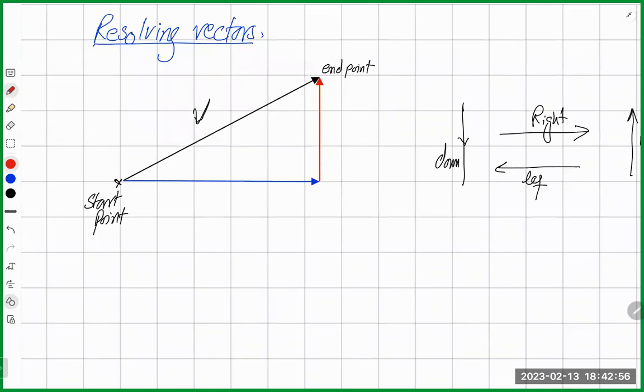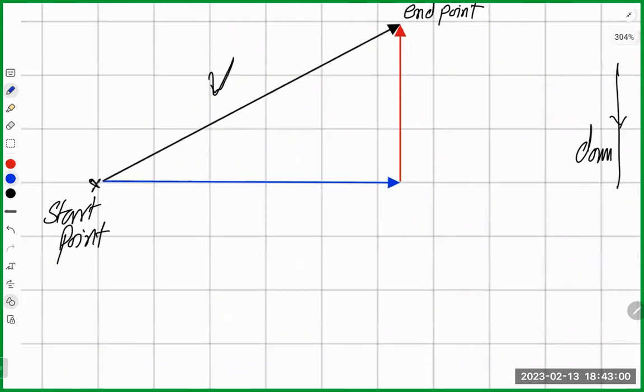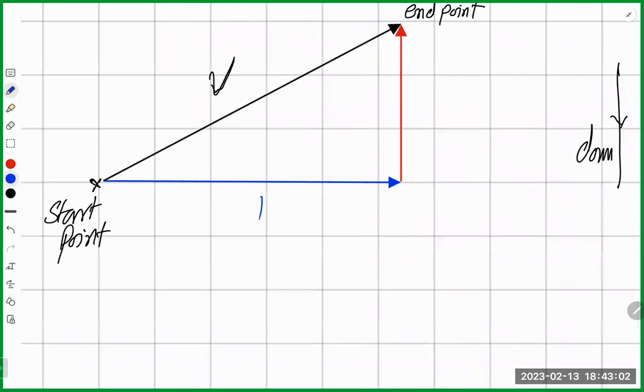Okay, now, look. There are many ways of saying what vector this is. This is adjacent component, because I will be considering this angle as the base angle.